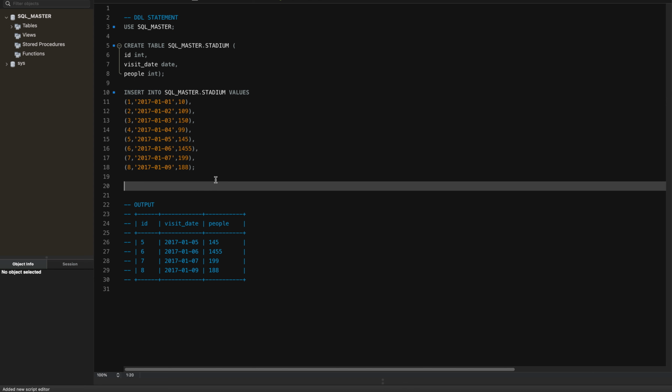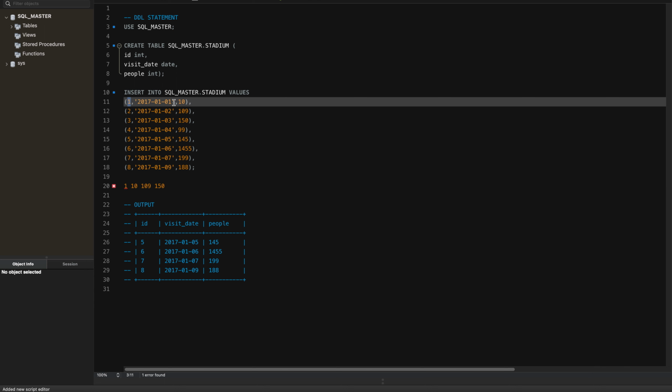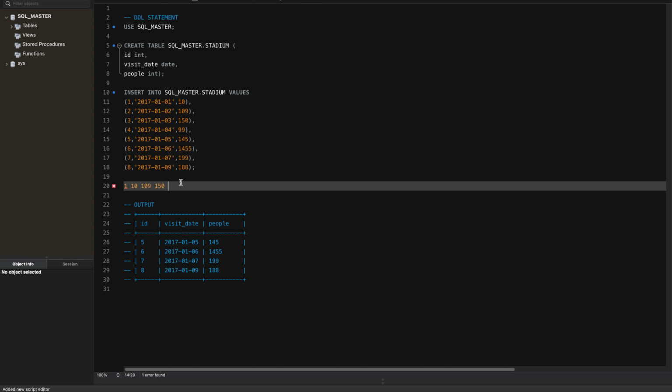So what I'm trying to tell you, if you consider row number 1, the date is 2017-11, the number of people is 10, right? The next day number of people is 109, next to next day number of people is 150. Similarly, for row number 1, there is no previous day, right? So previous day is null and previous to previous day will be null.